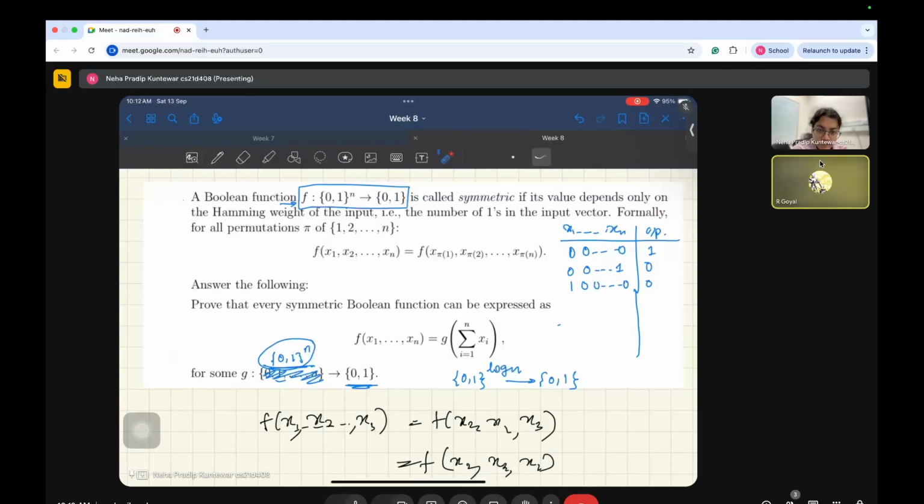But then what's the meaning of taking the sum of the Boolean literals? Would it be an OR operation, or what kind of operation? How will you write this x of i? Because if you take the normal summation, treating the values as 0 or 1, that is going to return a numerical value only. And then what could be the meaning of the g of a numerical value?